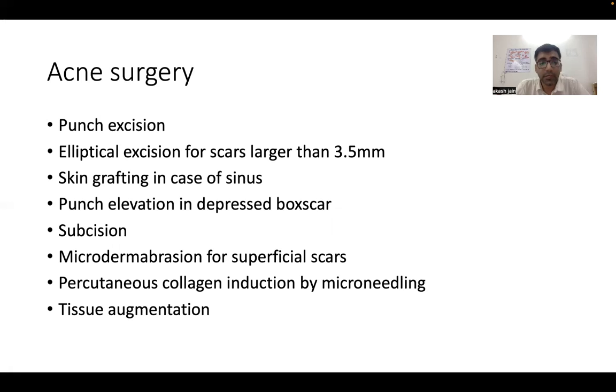Percutaneous collagen induction by microneedling or derma roller or derma pen. This is the most preferred technique used. Or tissue augmentation in the form of dermal fillers or fat transfer.